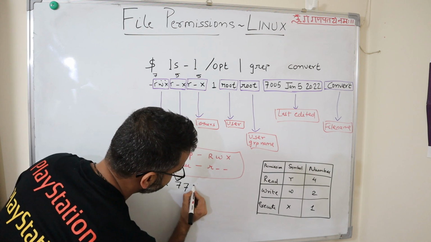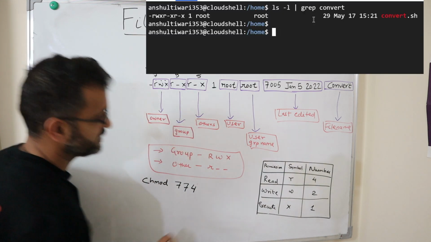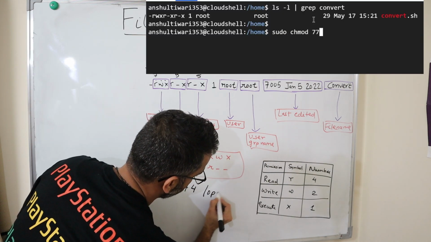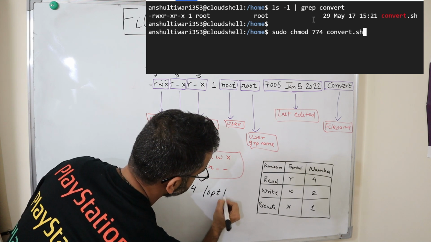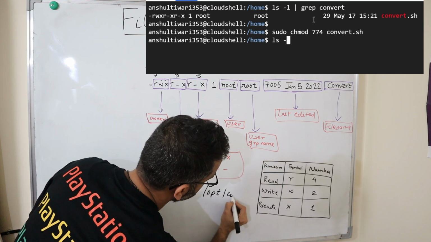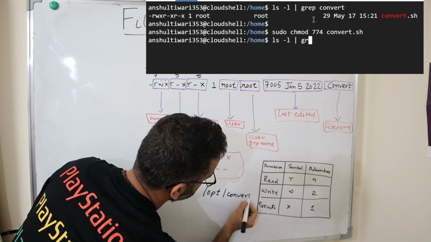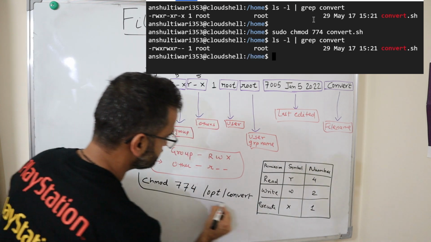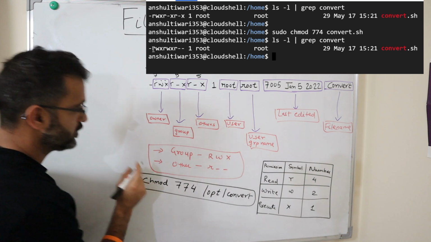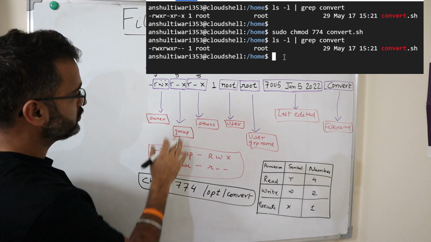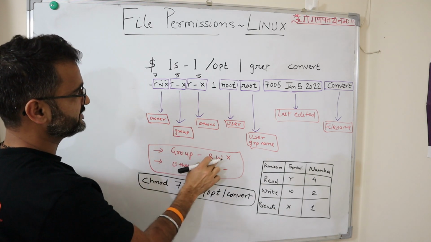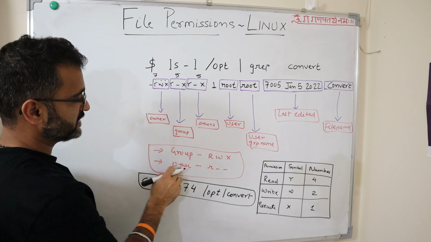So it would be 4, and then slash opt slash convert. Okay, so this command will make sure that now the group has read, write, execute, and the other only has read.